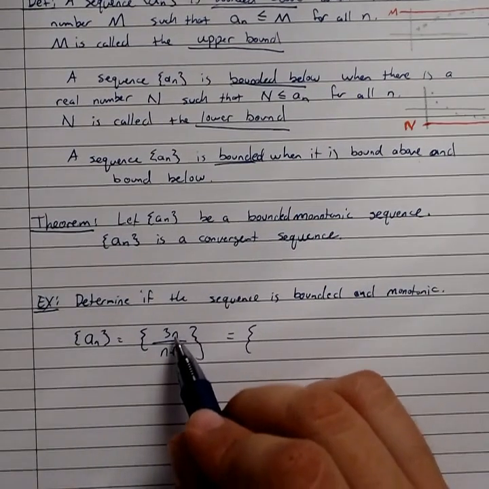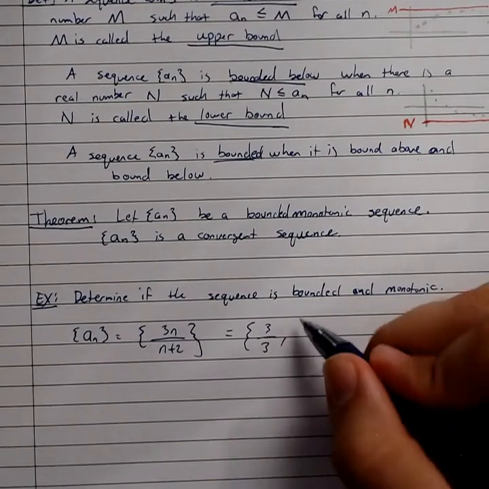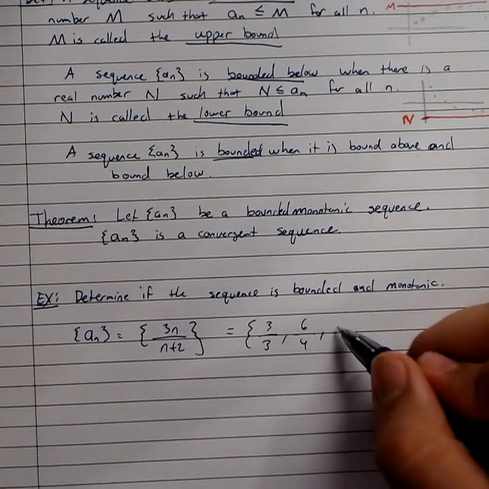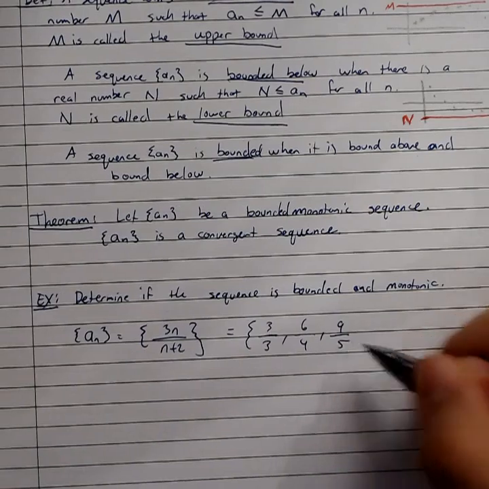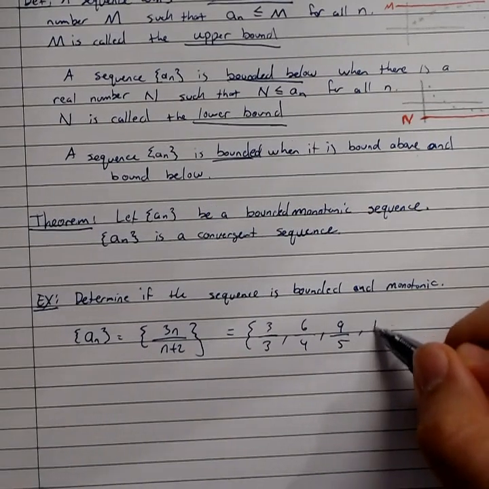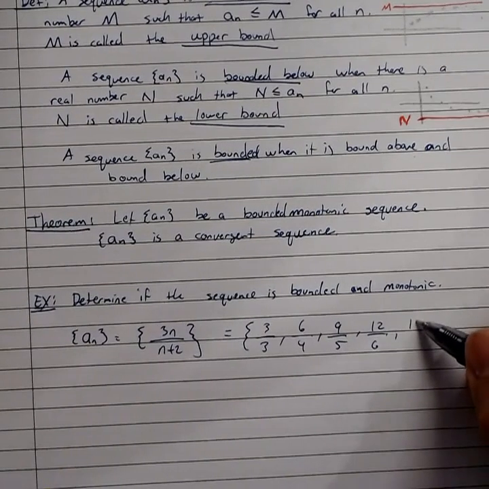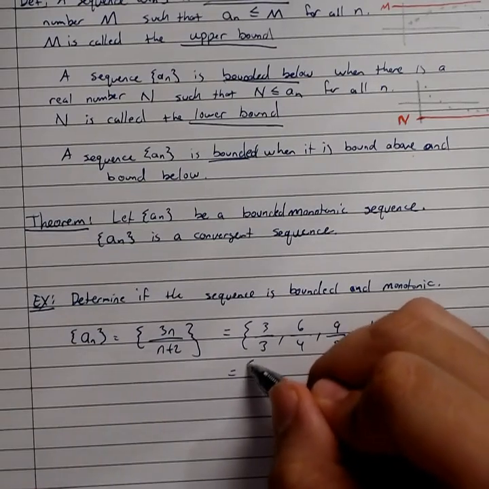So that's 3 over 3. If n is equal to 2, that's going to be 6 over 4. And then if n is 3, that's going to be 9 over, 3 plus 2 is 5. And then 12 over 6, 15 over 7, and so forth. Let me reduce that, that might make things a little easier to see.